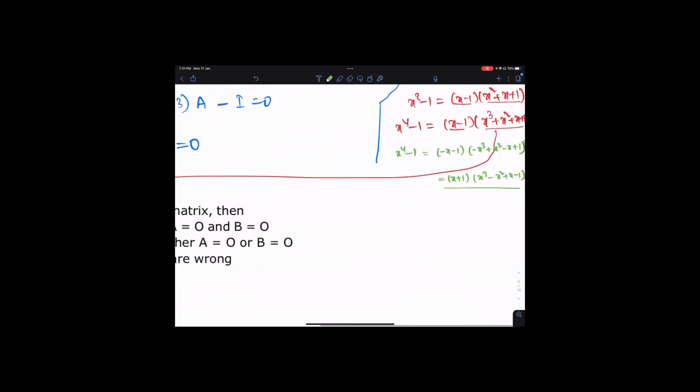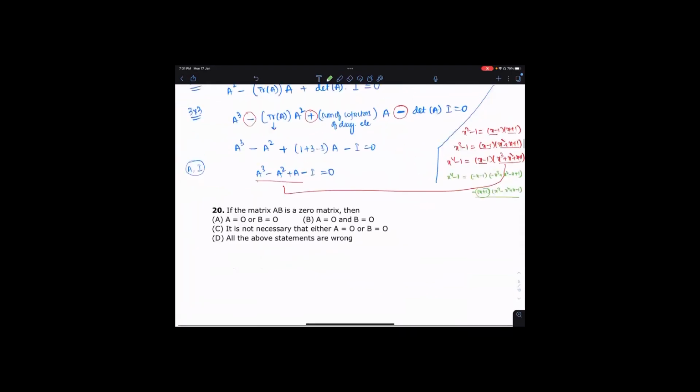Okay, what you do now? You multiply with x plus 1. That means multiply with a plus I on both sides. One is like I. 0 into a plus I. 0 into any will be 0. So what is a plus I into?